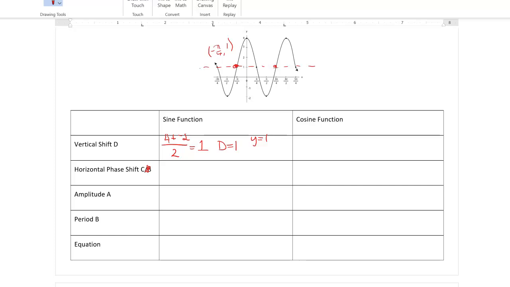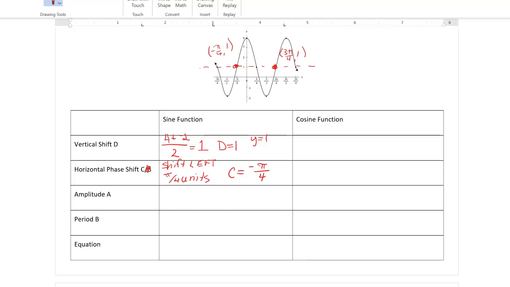It ends over here at 3pi/4 and 1. So that's the time it takes to complete one cycle. So our horizontal shift is we're going to shift left pi/4 units. That means C is going to equal -pi/4.